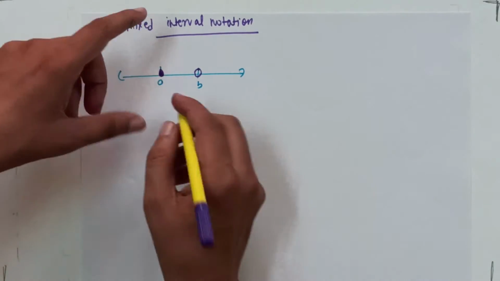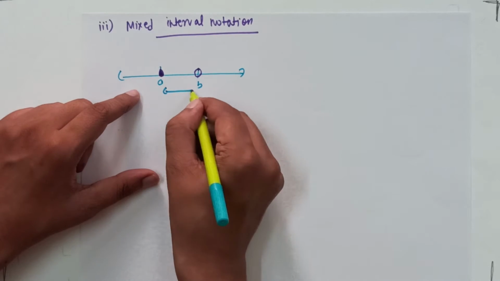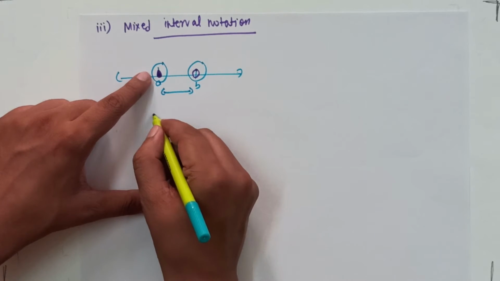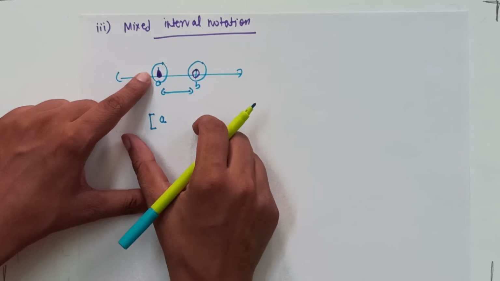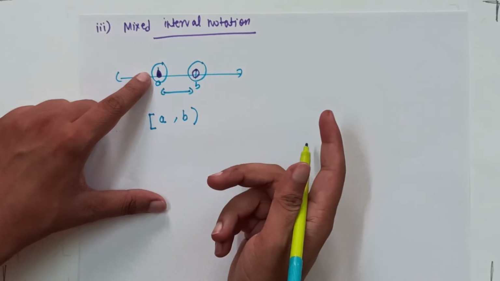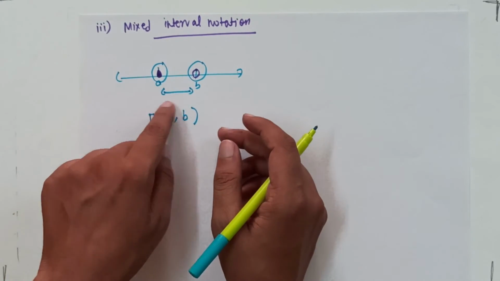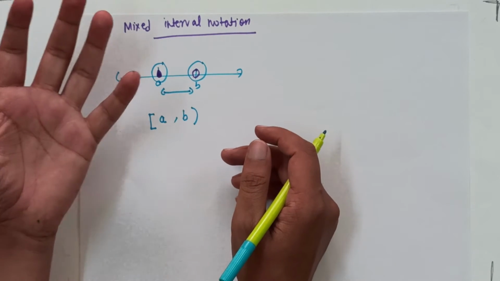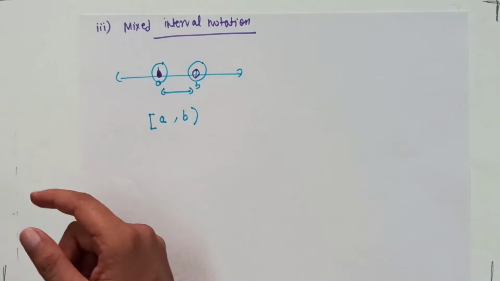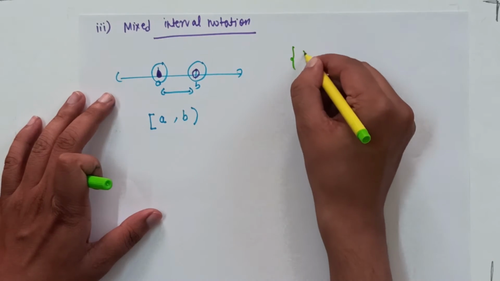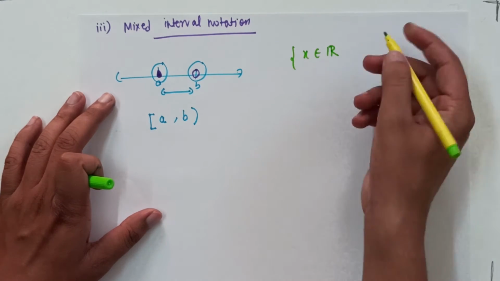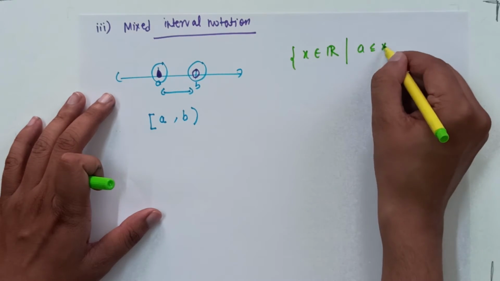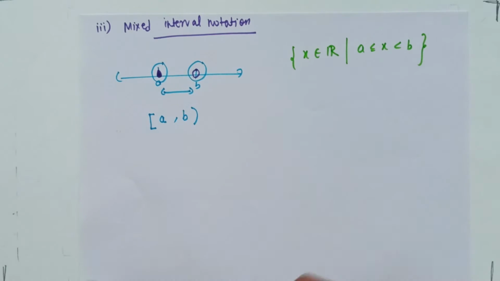So if I take all the numbers between A and B, we include A and exclude B. So here we include A, that is a close bracket, and we exclude B, that is a round bracket. It implies on the number line that we are taking all the real numbers between A and B, including A and excluding B. Or in terms of set notation, I can write this as x is an element of R such that A is less than or equal to x less than B.